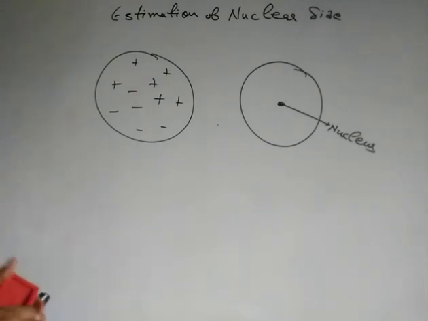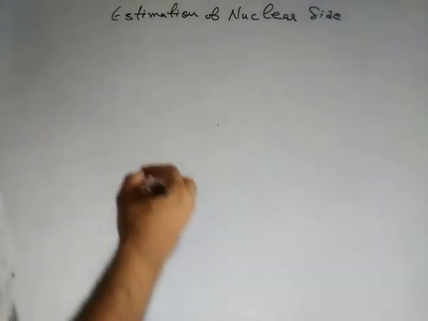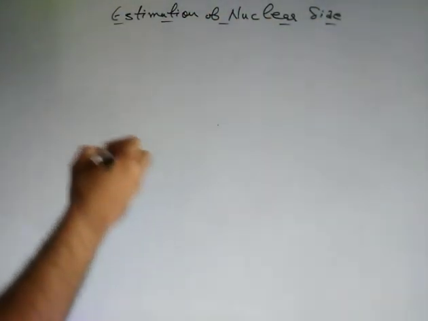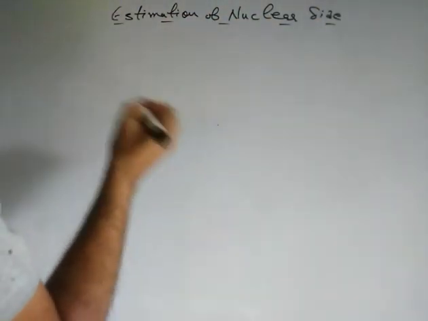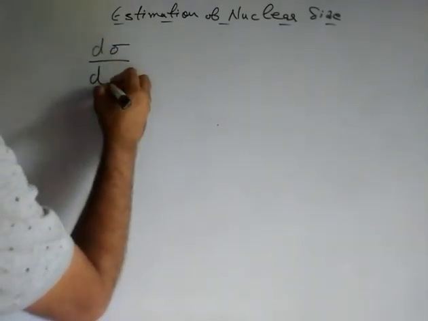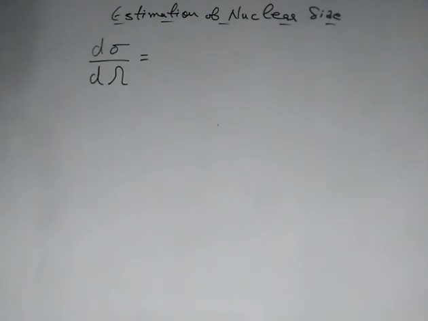Today's focus will be on how we can use the Rutherford model in determining the nuclear size. One thing that I would like to make clear to you is that Rutherford derived his scattering formula, that is d sigma upon d omega, by considering only Coulomb interaction.